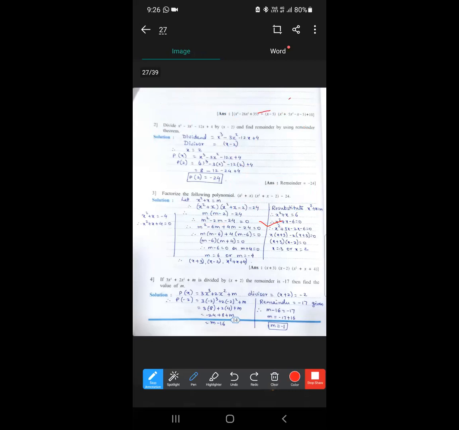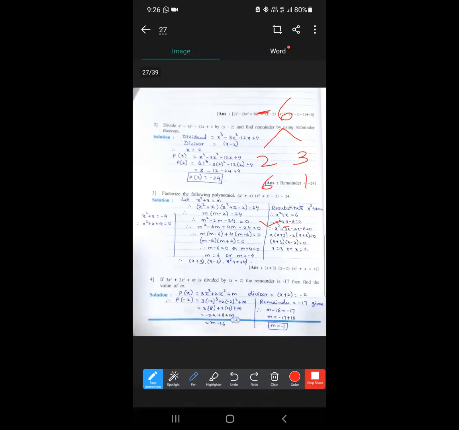Now the factors of 6 are 2 and 3, and 6 and 1. These are the factors, or the divisors. The sign of 6 is minus, so you need to subtract the factors so that you get the middle term.